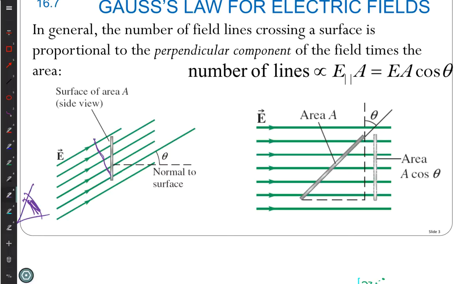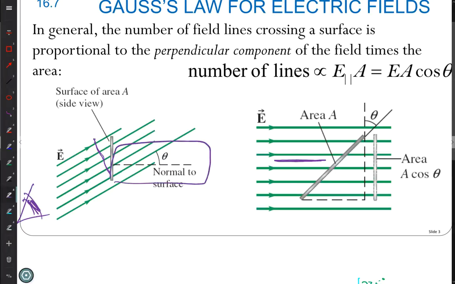So when we talk about the flux, we're talking about how much electric field goes through. To get the final thing on this to make sure it's understood, how much electric field would go through if I had my object oriented like that? None, right? So we define the direction for the area as the direction normal to the surface. Here in this picture, the dashed line is the direction normal to the surface.